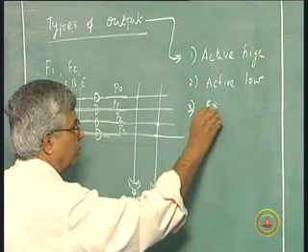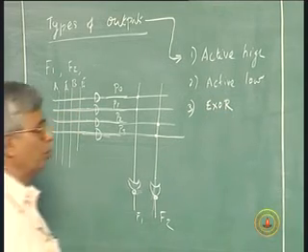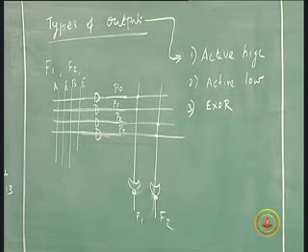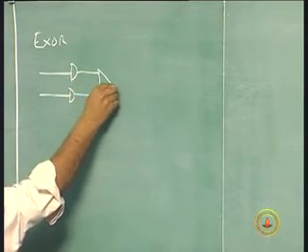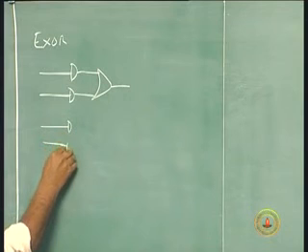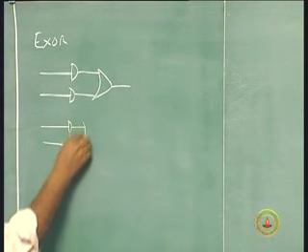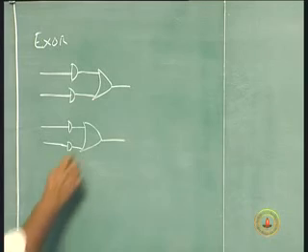Exclusive OR outputs. I can have XOR output. What do you mean by XOR output? I can have groups of product terms. Normally this is what it is, and I can combine these two.